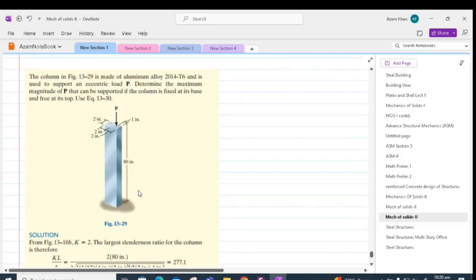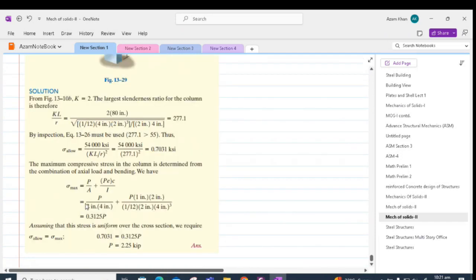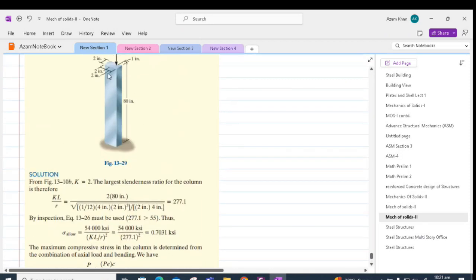Now, using our previous combined stress equation, which is over here, we will write it in terms of P. From there, we can get sigma max equal to 0.3125 P. Please note that the area of this cross section is already known.